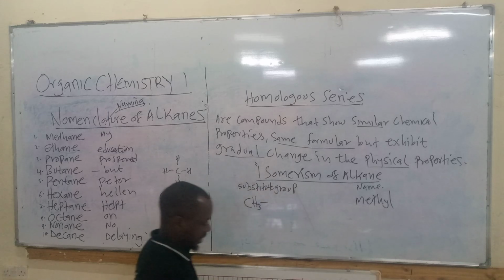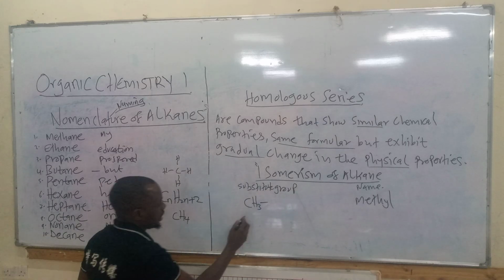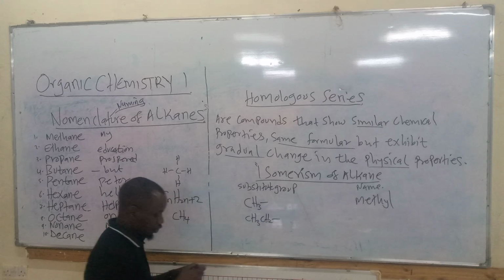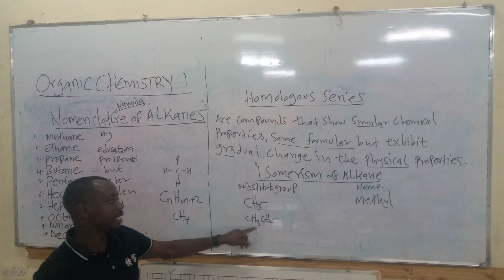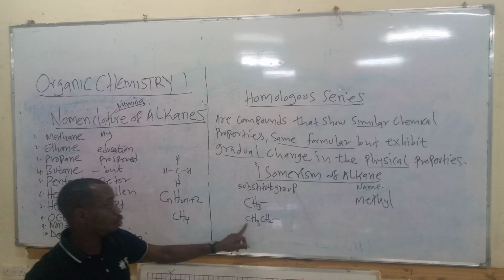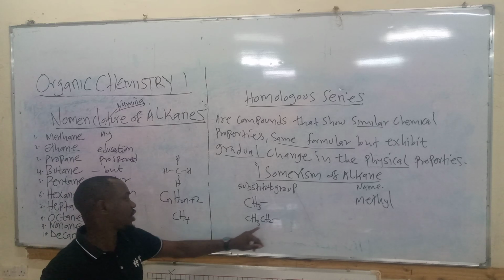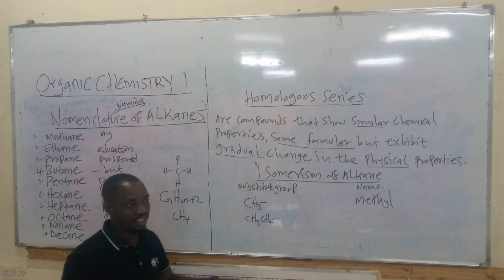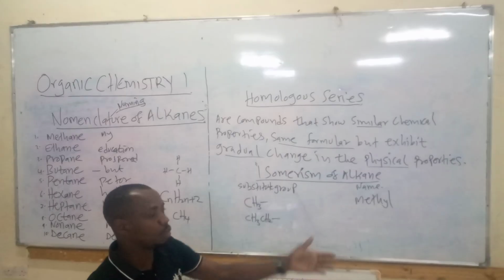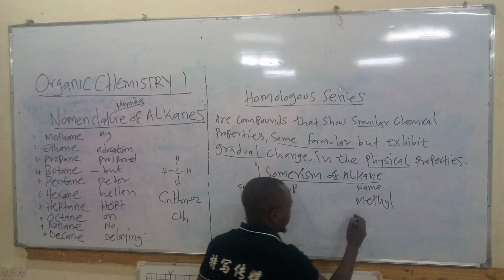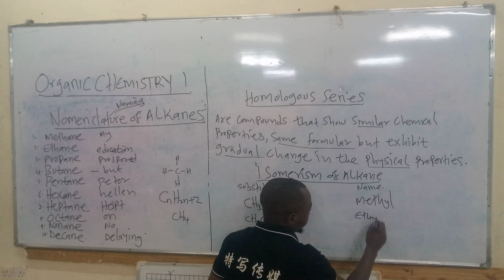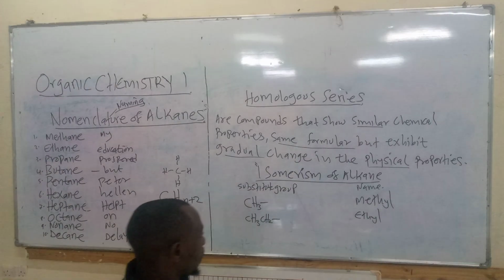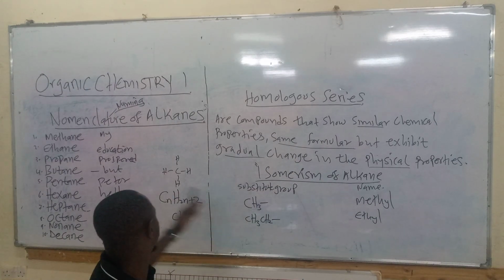In case we have CH3CH2 with another bond, this should be ethane because it has two carbon atoms, but from the general formula there must be 6 hydrogen atoms. Since we have 5, the name changes from ethane to ethyl, and so on and so forth.